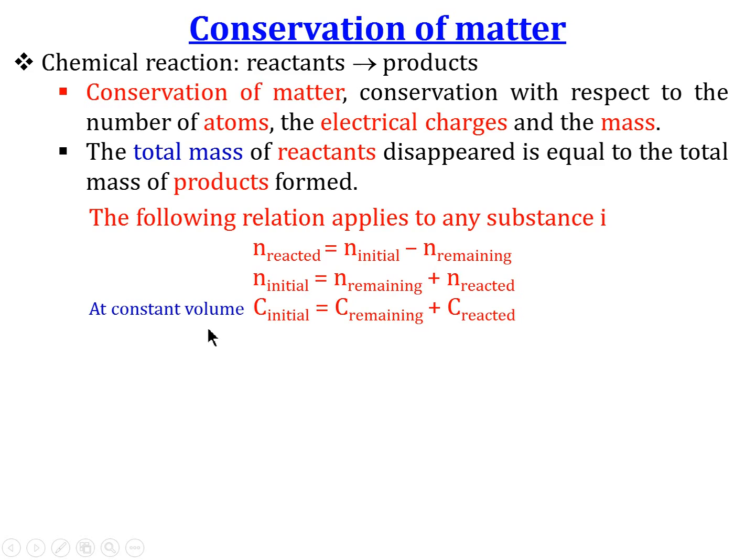And since we are working in solution, and in general the total volume of the solution is constant, we divide n initial by V total, n remained by V total, and n reacted by V total, and we obtain C initial equal to the concentration remained plus the concentration reacted.